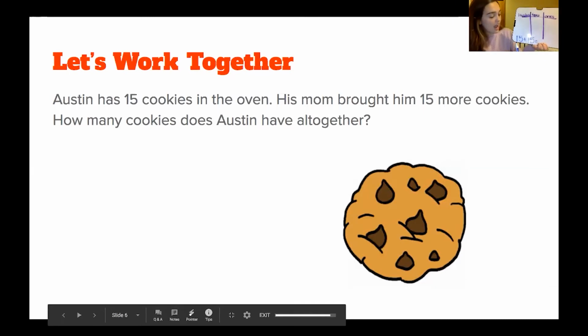All right, our very first number. We have 15. How many tens do we have in the 15? 1. Awesome. So I'm just going to draw one little dot in the tens column. Now, how many ones do we have in our ones place? 5. Awesome.